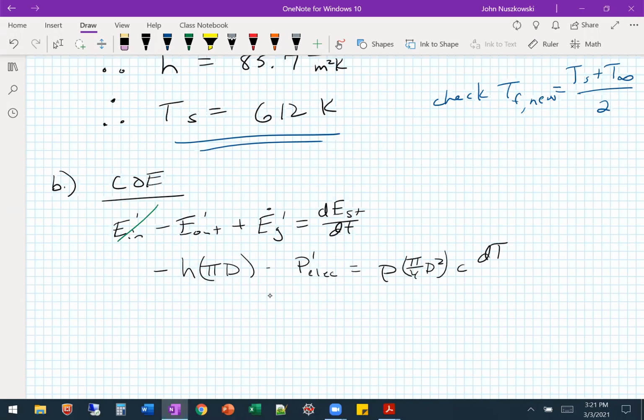Oh, skipped the whole term there, huh? Per unit length, so that's why I don't have L in here. Make that a little cleaner.